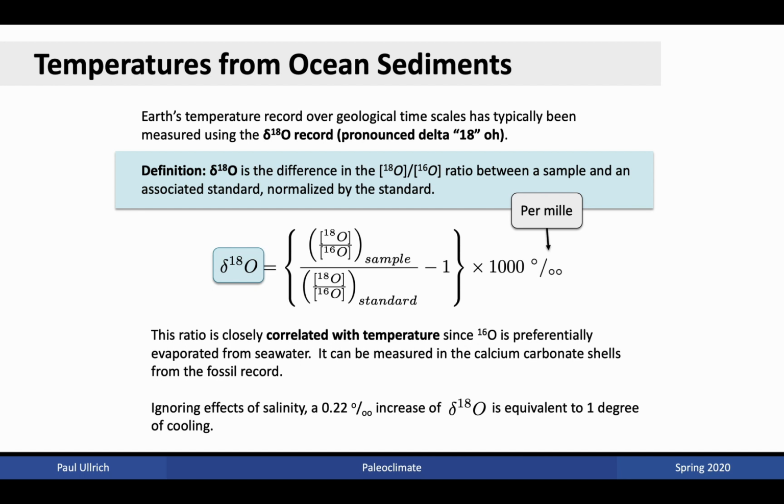So the formula for delta 18O is given here. This ratio has been observed to be closely correlated with temperature because of the preferential evaporation of 16O. It can be measured in calcium carbonate shells from the fossil record. Ignoring the effects of salinity, a 0.22 per mil increase in delta 18O is equivalent to 1 degree of cooling.